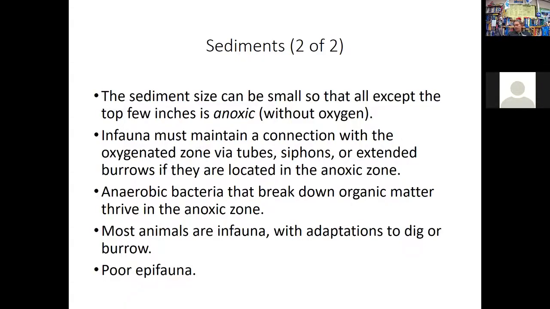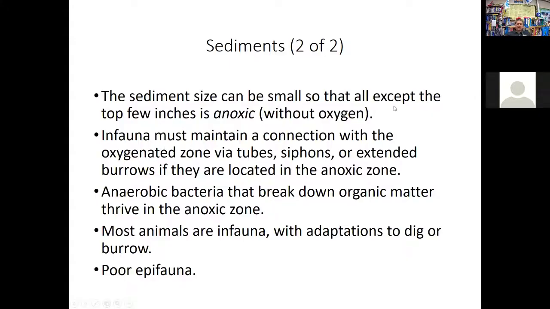And so there are different organisms that can live in these different types of soil because of the size and because of the amount of oxygen that can go through. Remember, with the really small things like silt, it's going to be more compacted and it's going to have less water going through. So it has less oxygen going through.